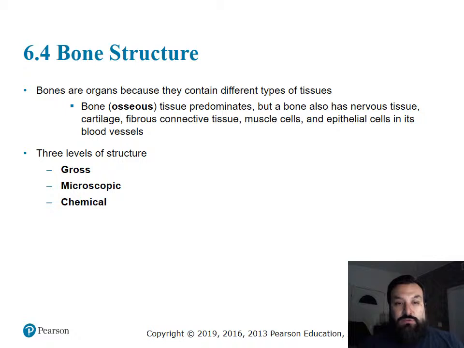So not only does it have bone tissue, we call this osseous tissue, that's how you pronounce that, osseous tissue, but you also have nervous tissue there that make up bone. You have cartilage, which is connective tissue. You have a type of connective tissue called fibrous connective tissue. Muscle cells are there, epithelial cells, and blood vessels, all of which are considered then the skeletal system or the bones themselves, right?